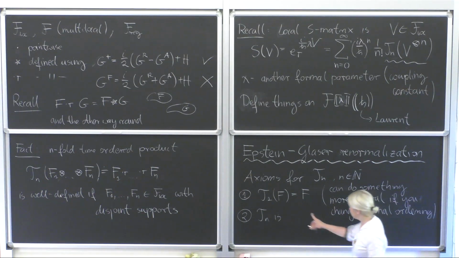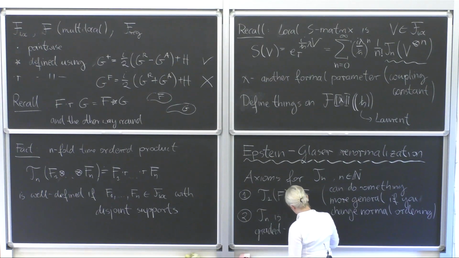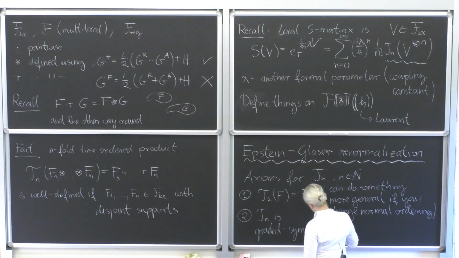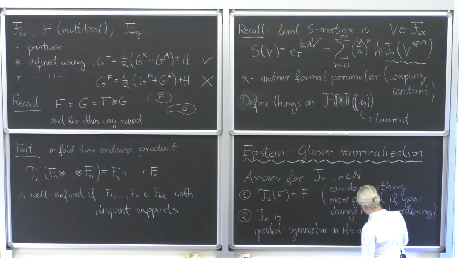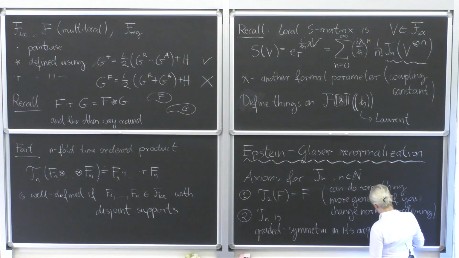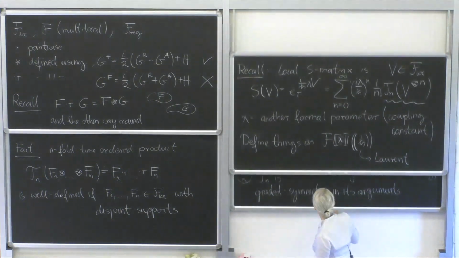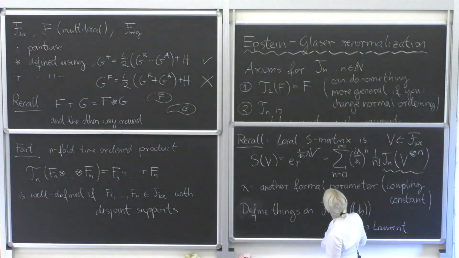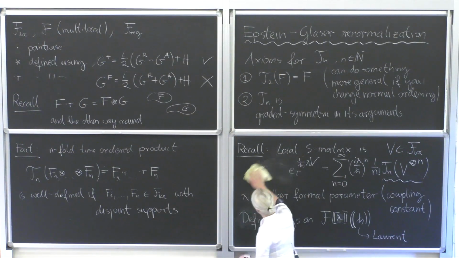So what I want is graded symmetric in its arguments. Okay, so these are actually pretty obvious in the sense that they don't say anything really deep about the product.